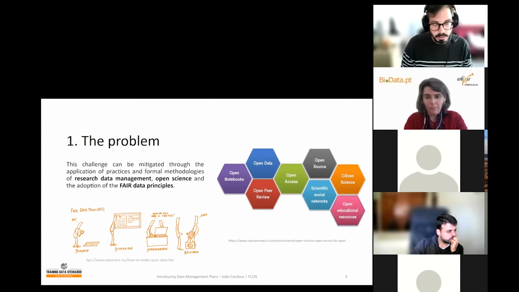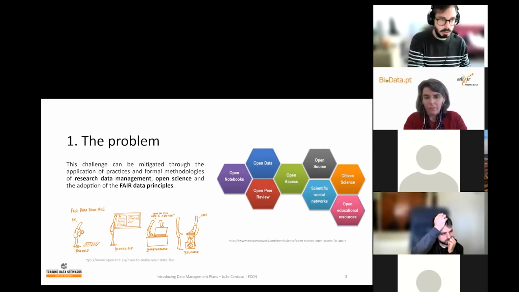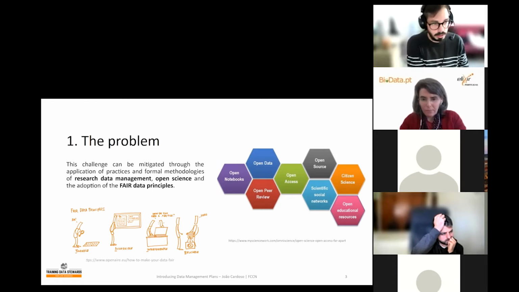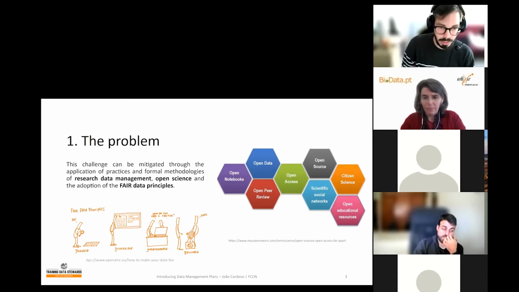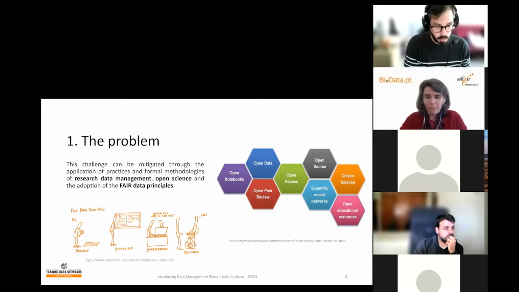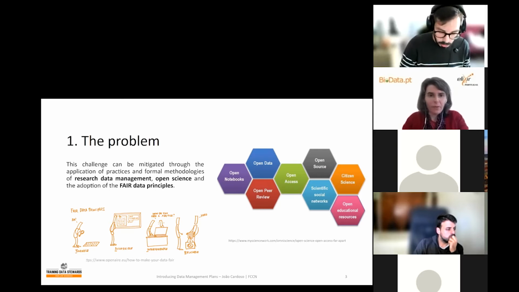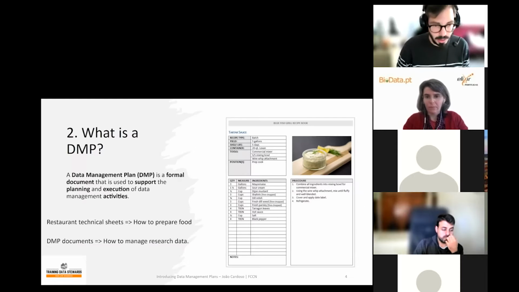And obviously, one of the solutions that has been found is through open access, and in particular, the adoption of open science and necessarily open access later on as one of the concepts within open science as a whole. And obviously, through the adoption of the FAIR data principles. I'm not going to hammer into you anymore what these concepts are. I think other presentations have done it better than I could, so I will not go there.